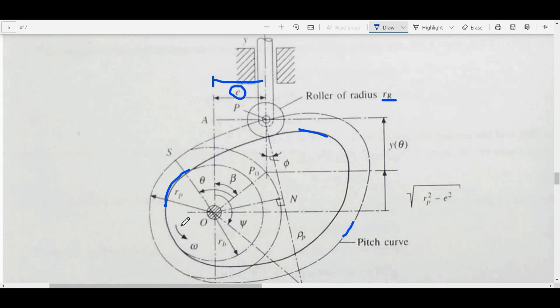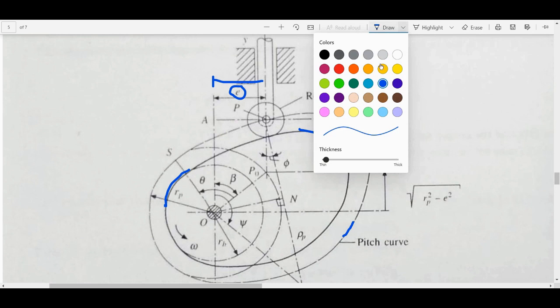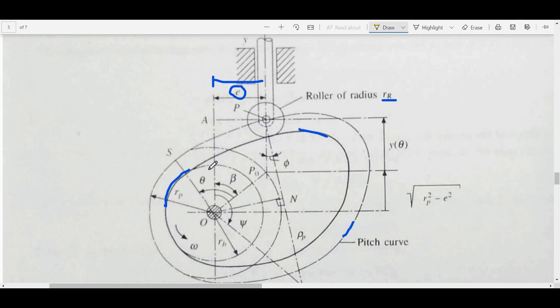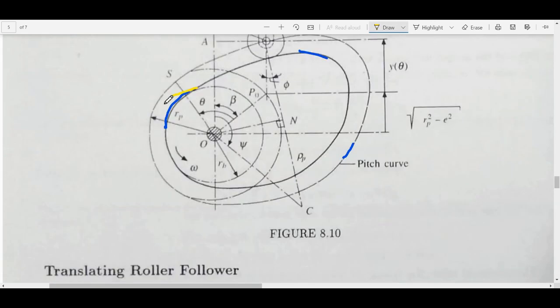So when the cam is on this side, let me draw it with yellow or something, so that you see when the cam is on this side. I shouldn't have done that. I don't know if I can remove it. When the cam is on this side, this roller will come down and it will be sitting on the base circle here.